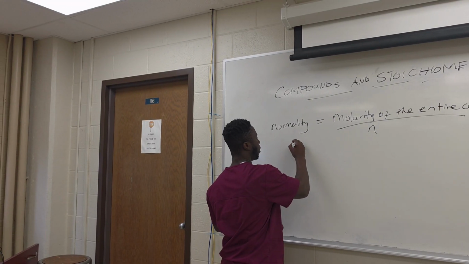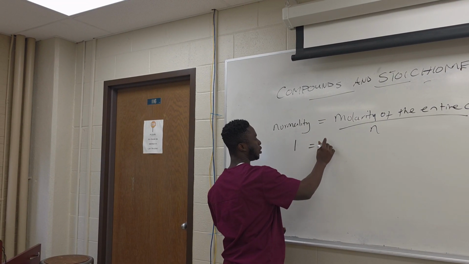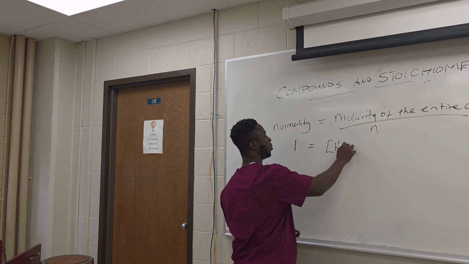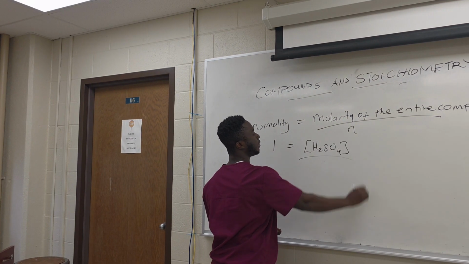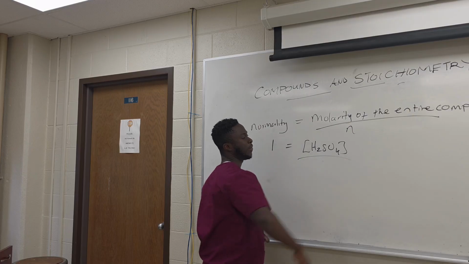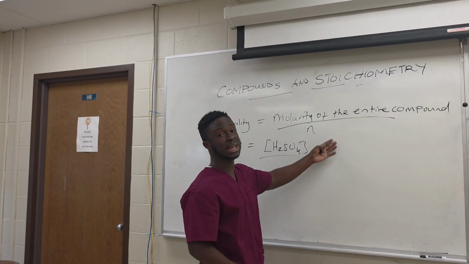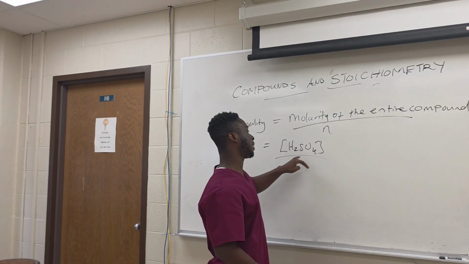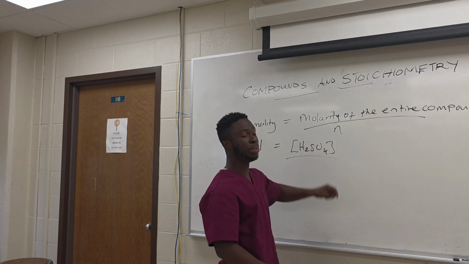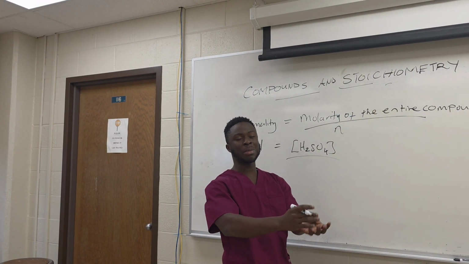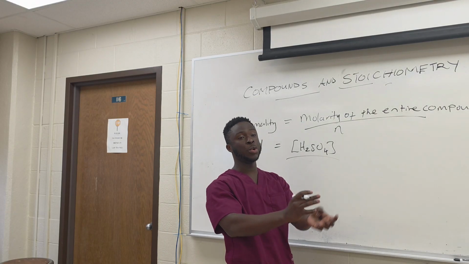We have 1 equals the concentration of H2SO4 divided by the number of equivalents. And as we told you, the equivalence is the amount of hydrogen ions, or the substance we're interested in, that it will produce if H2SO4 dissociates completely.